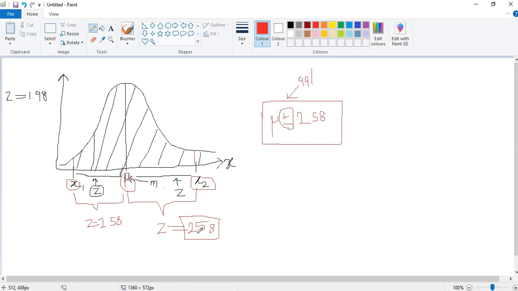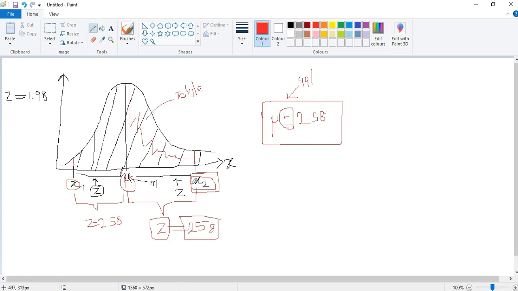That is enough, because we know the gap is equal to the z value. The examiner didn't ask for the actual x data value. He asked only the area under the graph up to that particular x value from the mu value. So we can easily use the normal distribution table to find the area under the graph with a gap of 2.58.